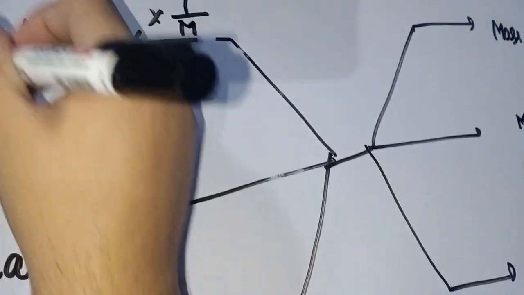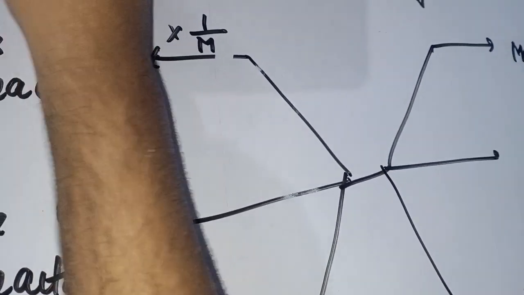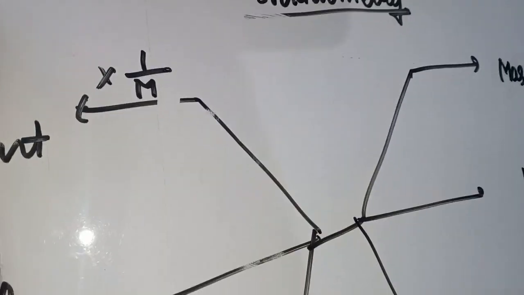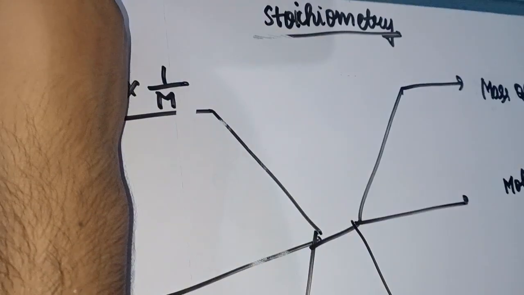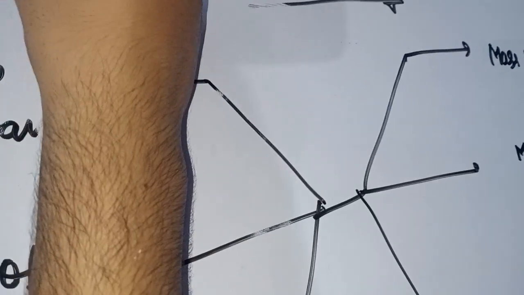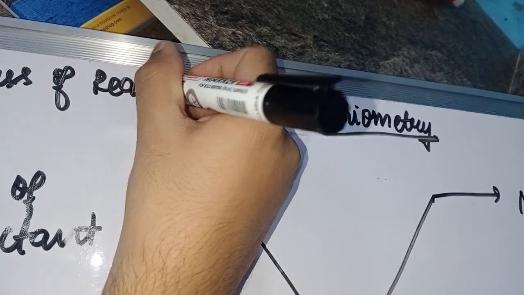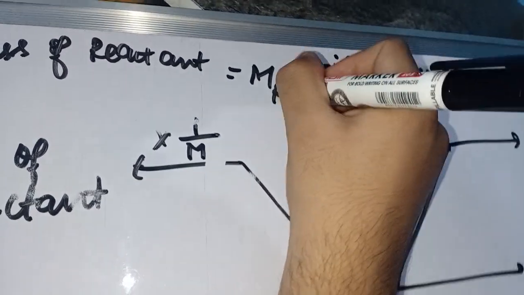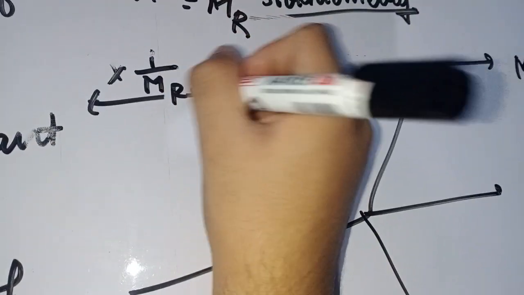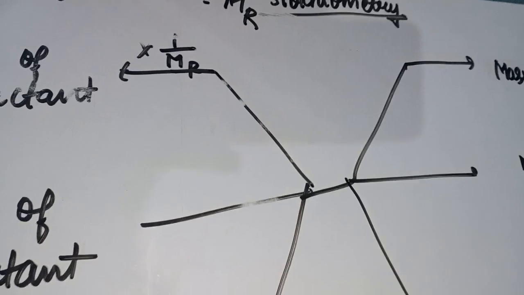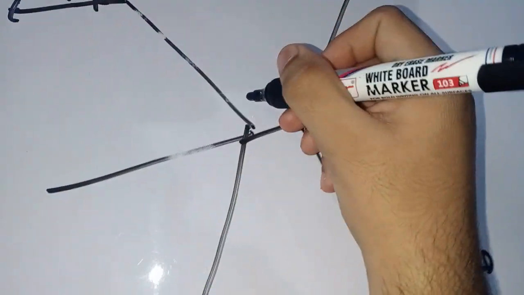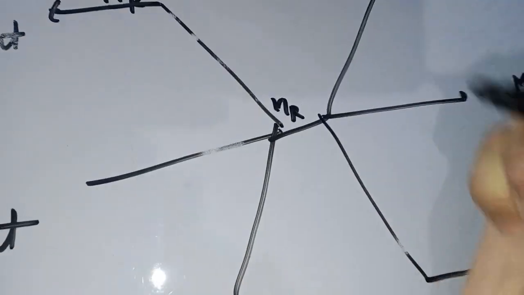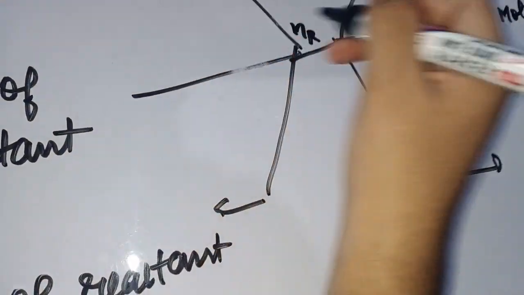So I am supposing the molar mass of reactant, let me write here molar mass of reactant, whatever it is, equals MR. Right, R is in the subscript, so I'd be dividing it by the molar mass of reactant. I'll obtain the number of moles of reactant. Let me represent it by NR.